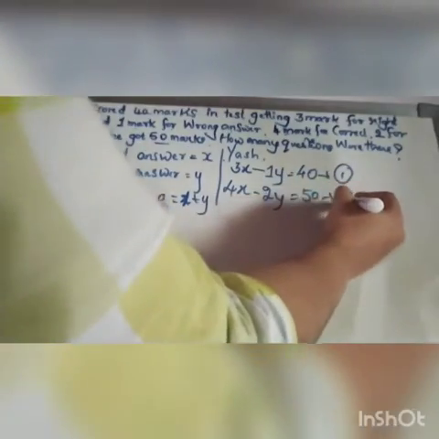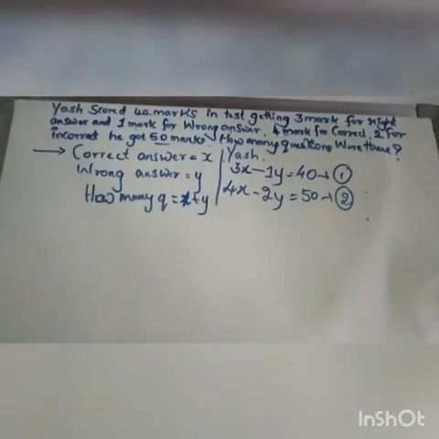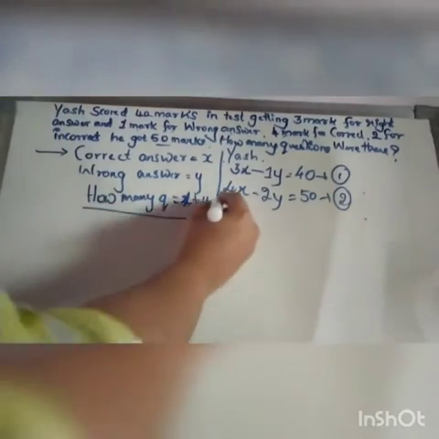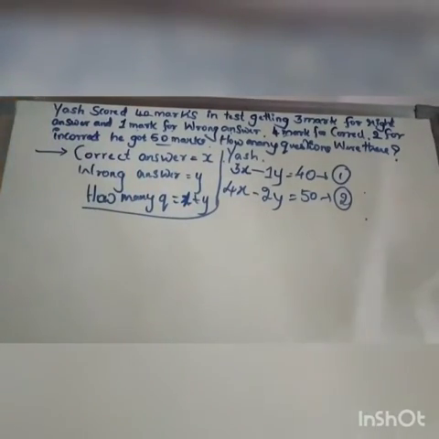That is equation number 2. In this question you can solve by any method: substitution, elimination, or cross multiplication. We are now doing the cross multiplication method, so I'll use the same method here.